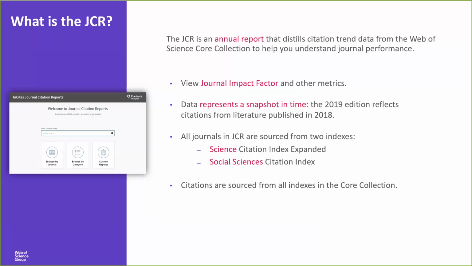Also, to note, Journal Citation Reports journals include only the science and the social science journals that are indexed in these 2 citation indexes on Web of Science. It will not include arts and humanities, neither will it include books or conference proceedings. So these are all science and social science journals.